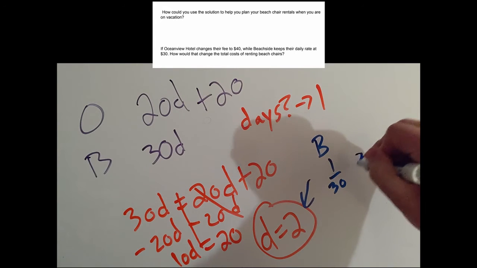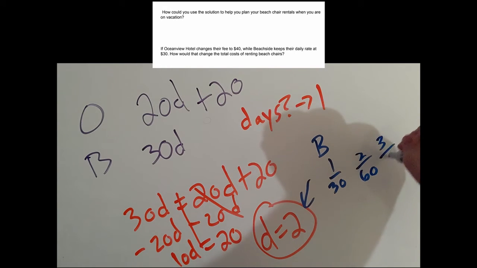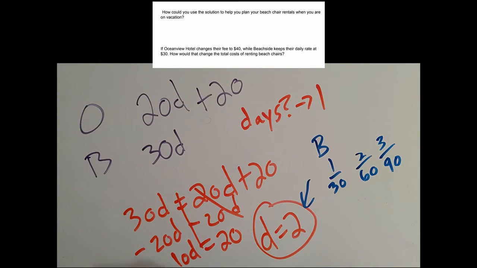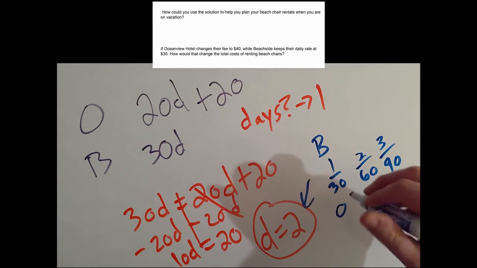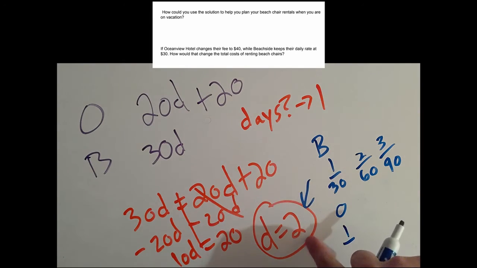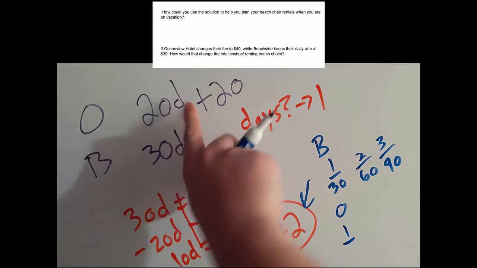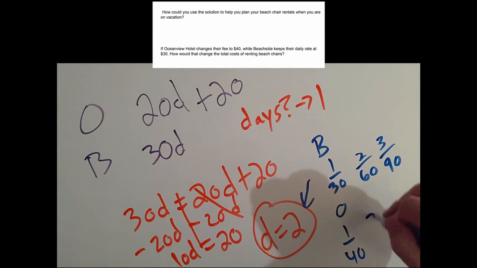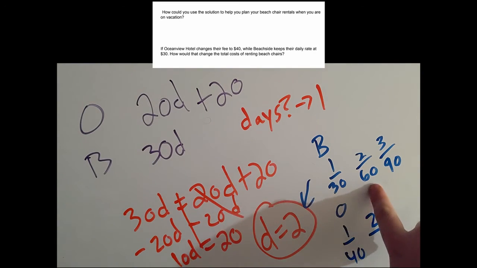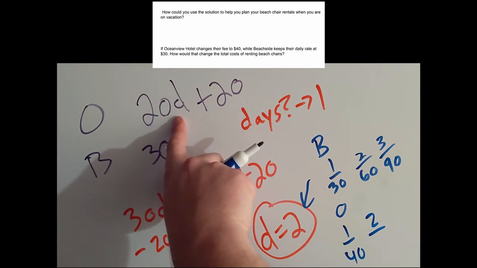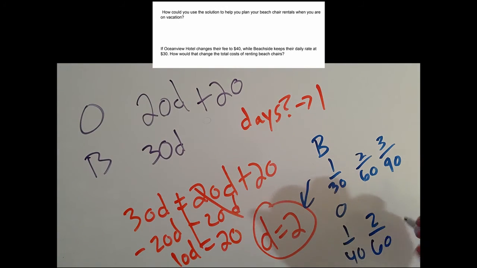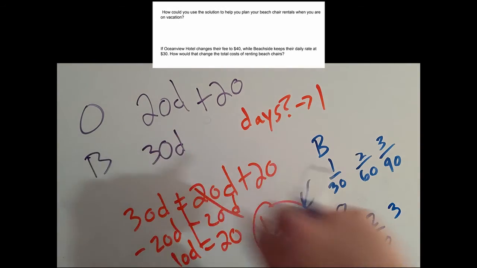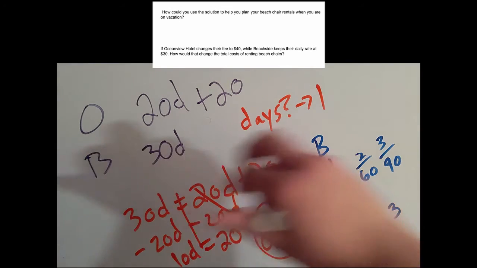Day 2, 60. Day 3, 90. If we looked at Ocean View and we plug the same numbers in, day 1, 1 times 20 is 20, plus 20 is 40. Day 2 we said already would be the same, so it should be 60. 2 times 20 is 40, plus 20 is 60. And then day 3, if we did the same thing, would be 80.